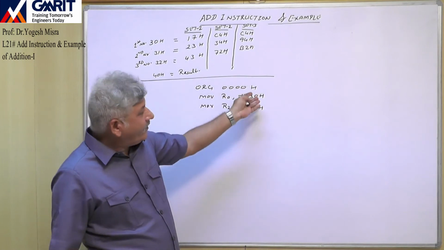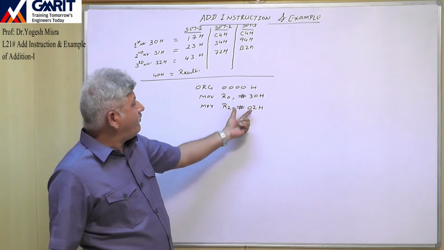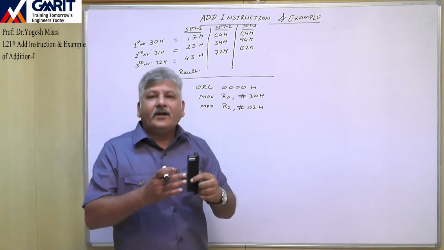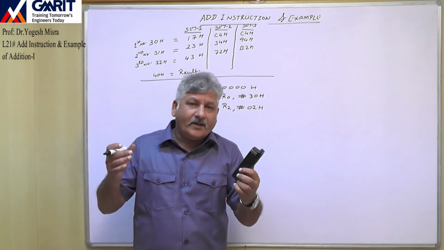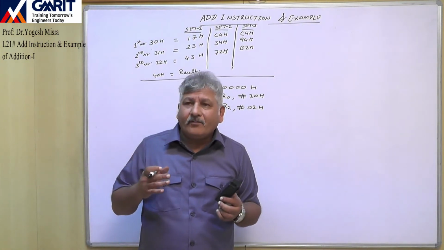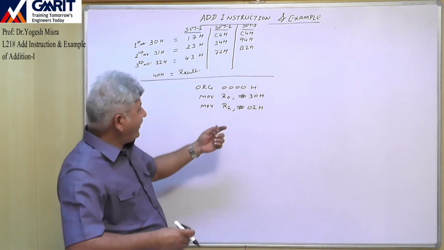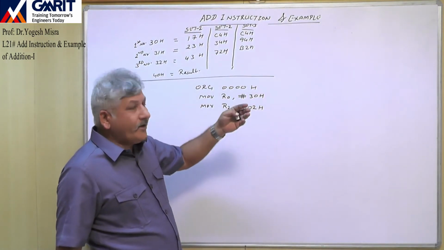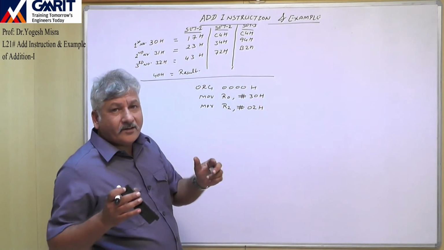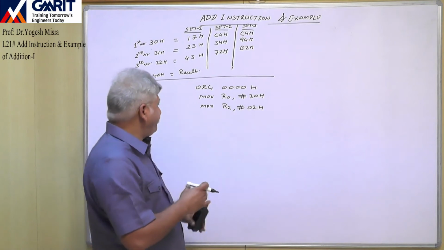We can use another logic in which the counter value will be equal to the total numbers which I am going to add. So there are many ways to write a program. In my logic, I will take the counter value 1 less than the total numbers which I am going to add. That's why I have taken here 02.